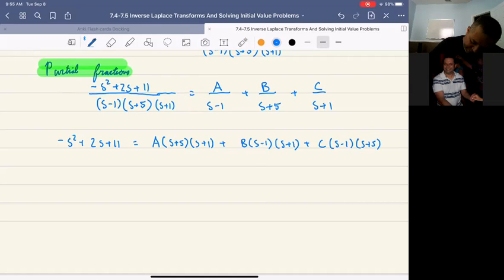So s equals 1, my left-hand side is going to be what? Negative 1 plus 2 is 1, plus 11 is 12.